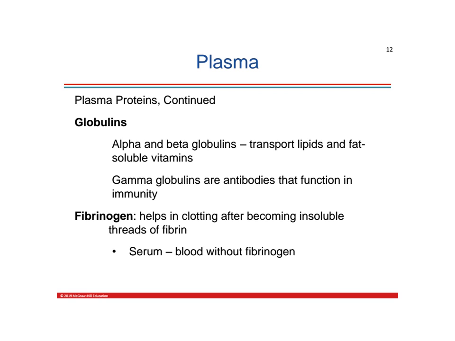Another major class of plasma protein is fibrinogen. Fibrinogen helps in clotting, and what happens is it becomes insoluble threads of fibrin, and that helps to form the actual clot. Another term I should bring up here is the term serum. So far we've been talking about blood plasma. Blood plasma is water plus solutes.